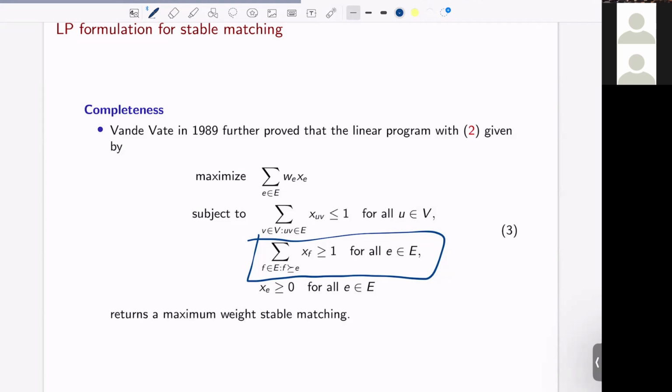I think there's a little bit of progress in terms of the traveling salesman problem, the matching problem, and the spanning tree formulation, but I'm not aware of any result about stable matching.